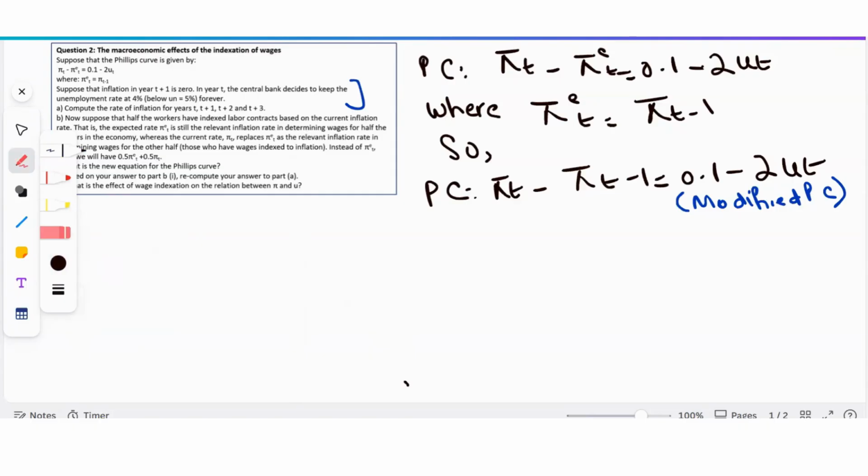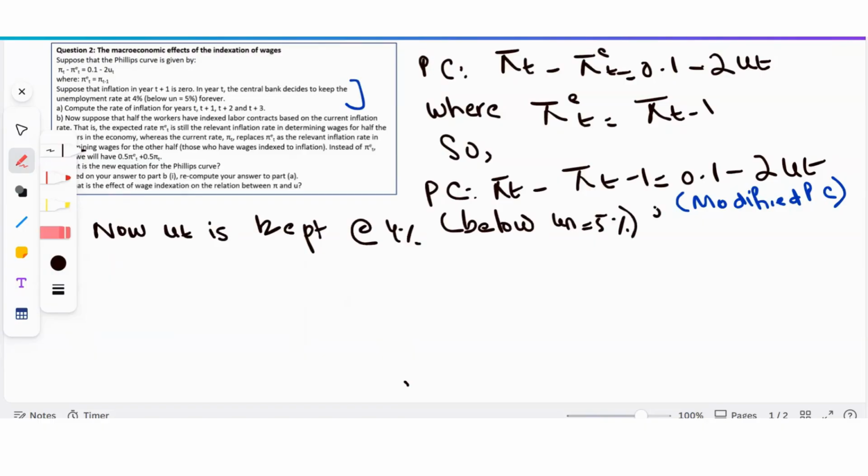Now u t is kept at 4%, below u n, the natural rate of unemployment, which is 5%, forever.